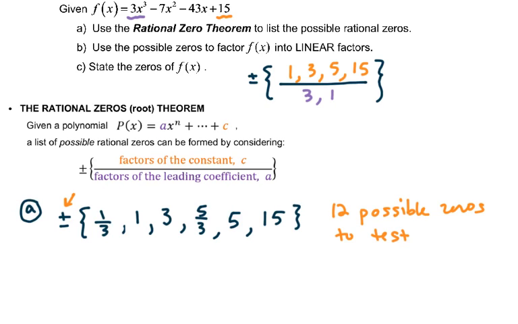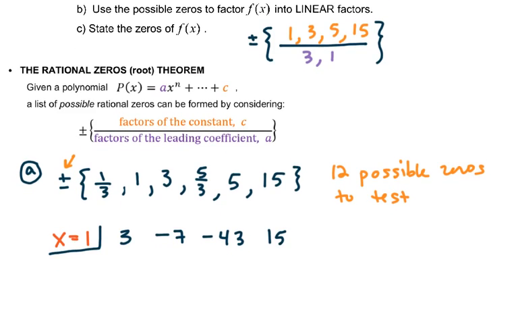So back to our problem here. We need to factor this, and we're going to choose a possible zero. We could choose any number on that list. We just want to choose a rather small number to deal with, so I might lean towards choosing 1. If I choose to test 1, I'm going to plug x equals 1 in and test that in 3, -7, -43, and 15.